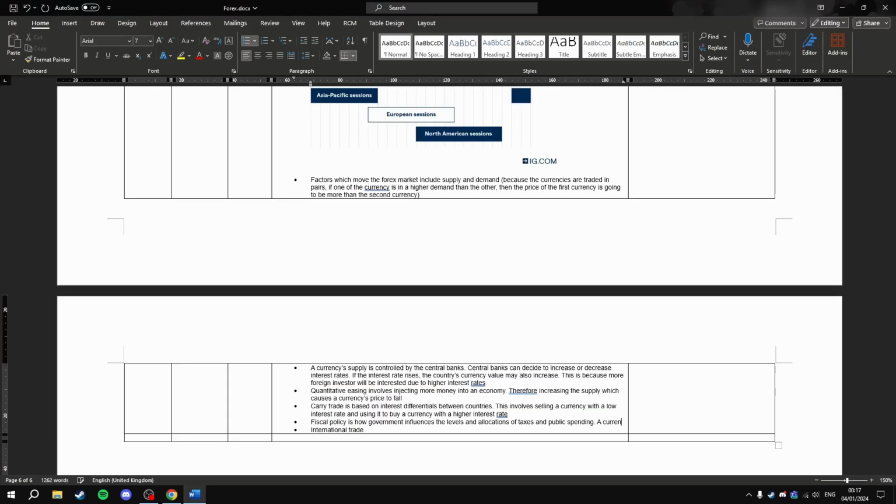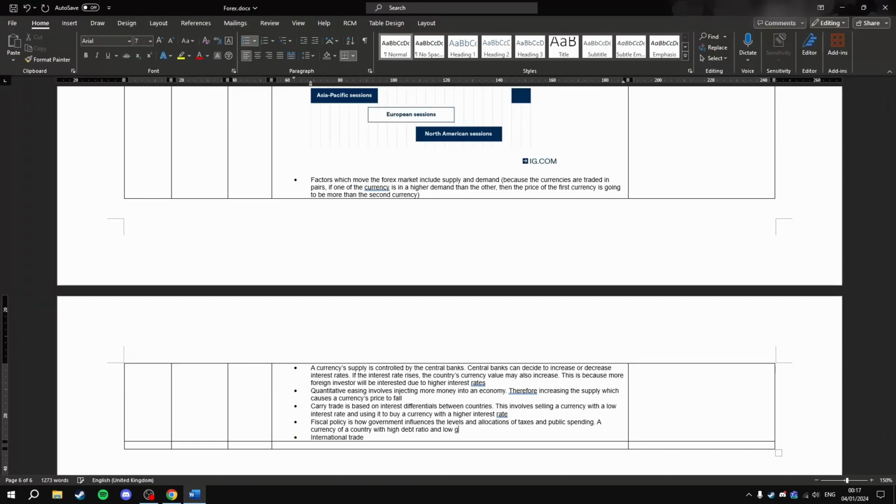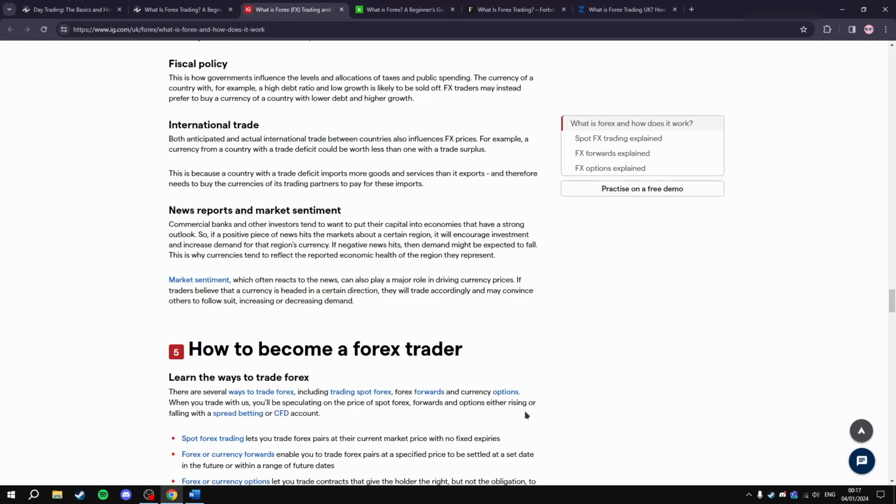A currency of a country with a high debt ratio and low growth is likely to be sold off. FX traders may instead prefer buying currency with lower debt and higher growth.